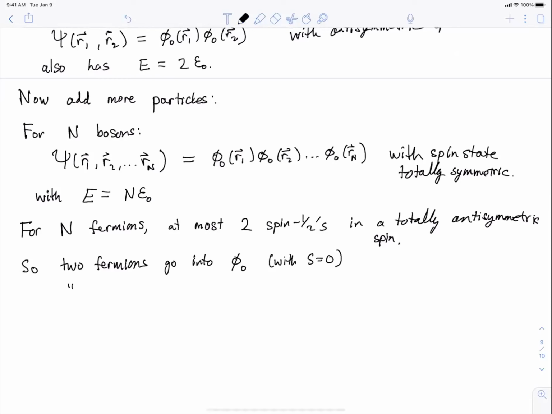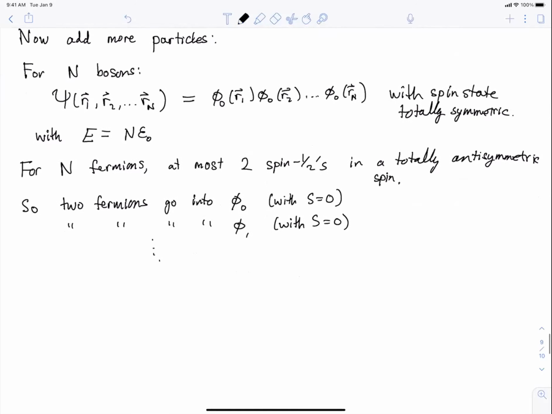And then 2 more can go into the next excited state, and they also will have spin 0, etc., up to phi n over 2 if n is even, or phi n plus 1 over 2 if n is odd.